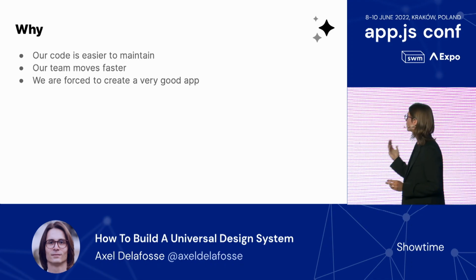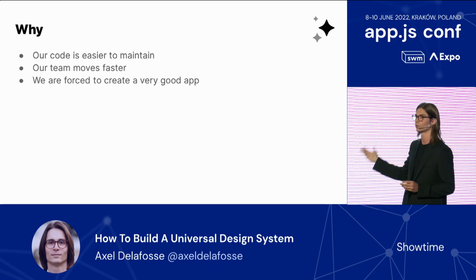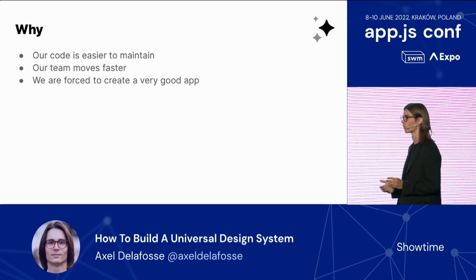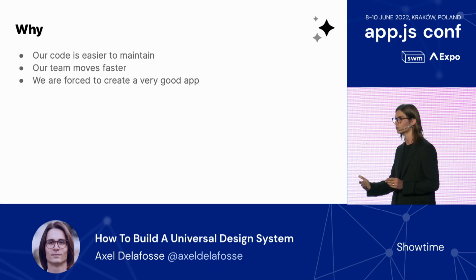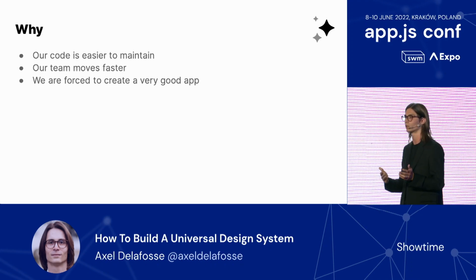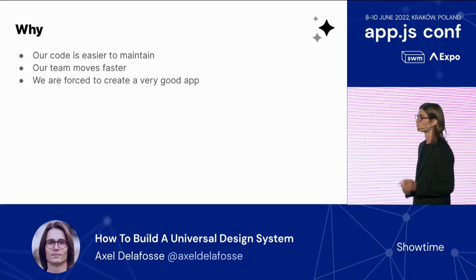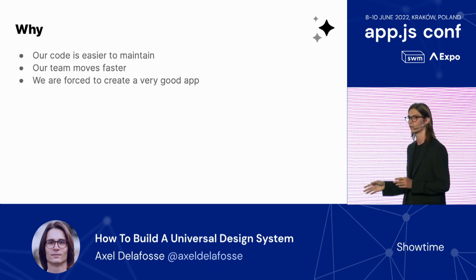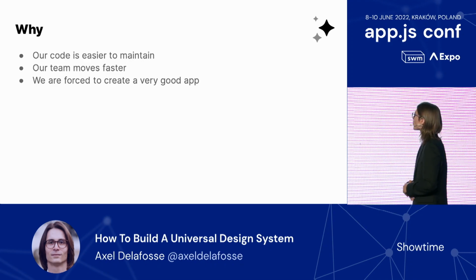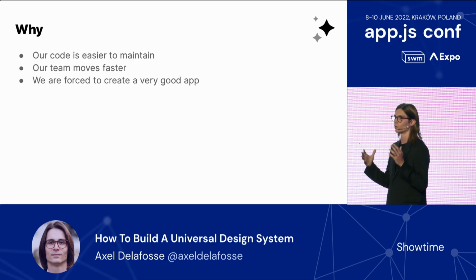But it eventually made us realize that it's making our code easier to maintain, because it's less code to write, less code to iterate on, less code to also throw in the trash. It's obviously making our team move much faster. We are only four full-time engineers on the front end. And it also forced us to create a very good app.